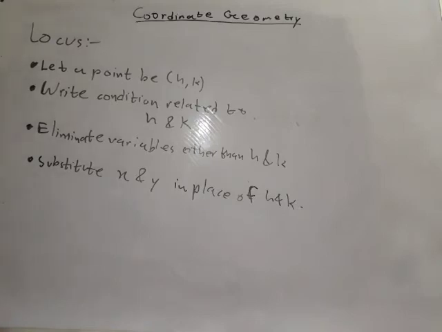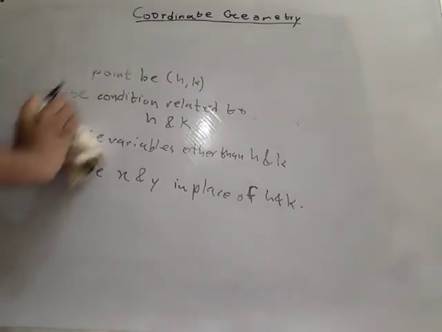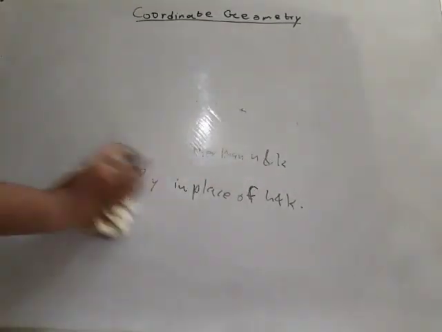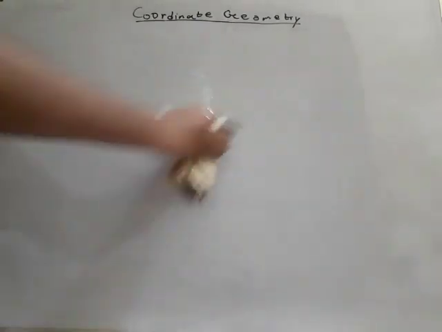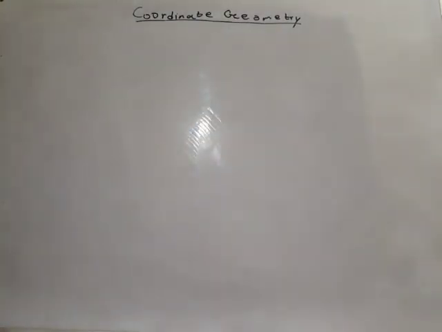Let us give an example. Suppose we have to find the locus of a point such that the distance of the point from the line x equal to minus a is the same as the distance of the point from the point a comma 0. a is a constant.